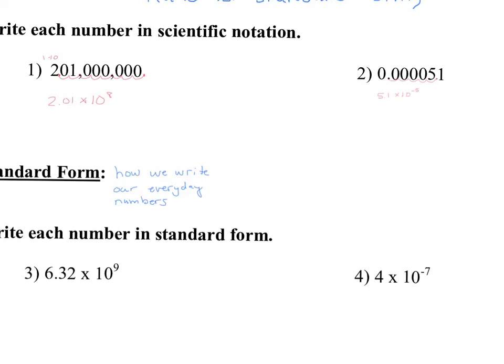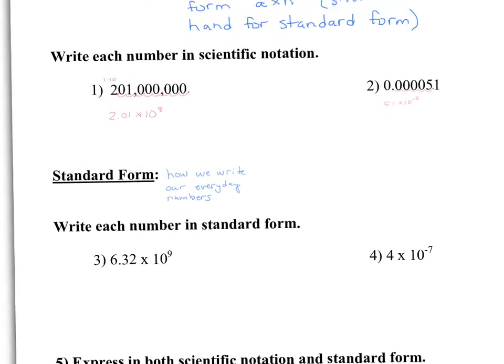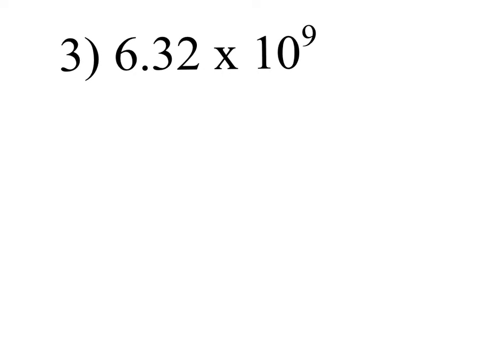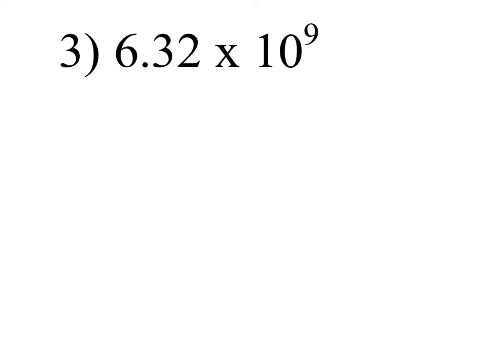All right, so now looking down at the next example, it says write each number in standard form, and again, that's just how we write our everyday numbers, okay. I see I have a positive exponent, and a positive exponent means that number should be getting bigger, okay. So I'm going to take 6.32 times 10 to the 9th. When I'm doing this, I'm going to move this decimal over 9 spots, making it bigger.